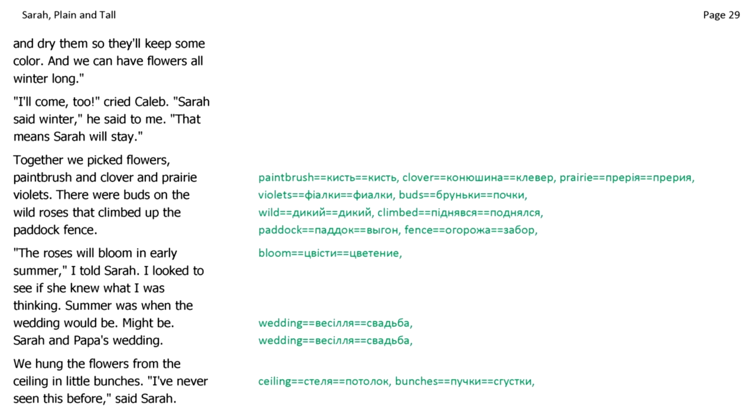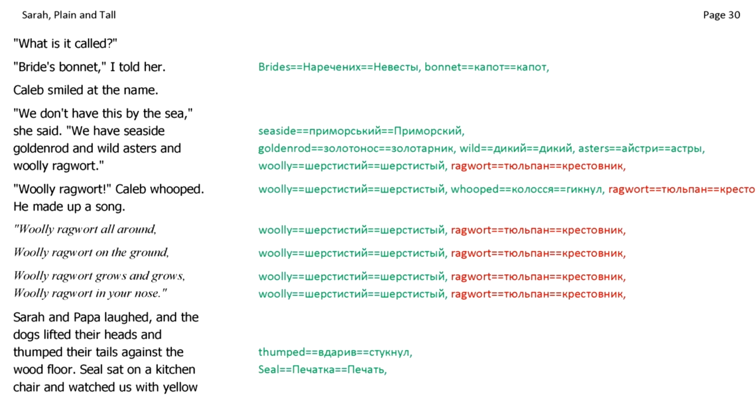Sara and Papa's wedding. We hung the flowers from the ceiling in little bunches. "I've never seen this before," said Sara. "What is it? What's it called?" "Bride's bonnet," I told her. Caleb smiled at the name. "We don't have this by the sea," she said. "We have seaside goldenrod and wild asters and woolly ragwort."